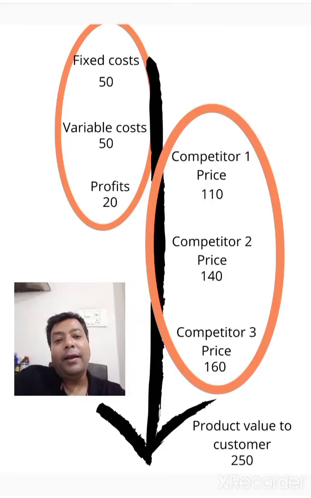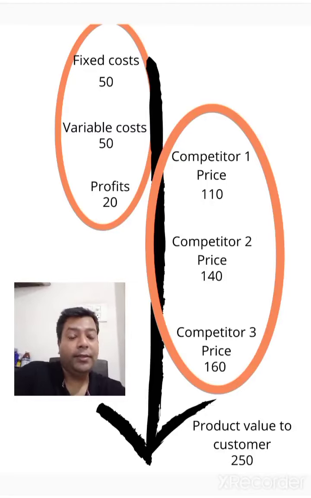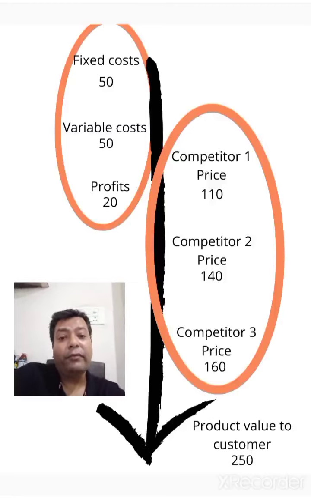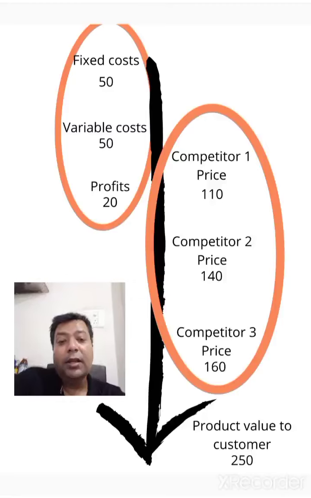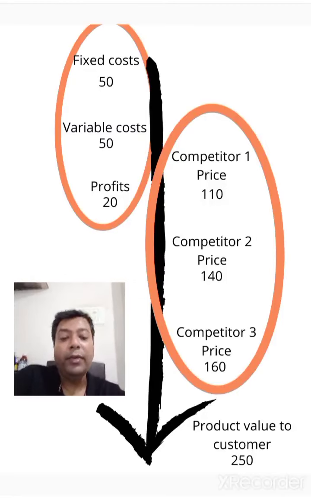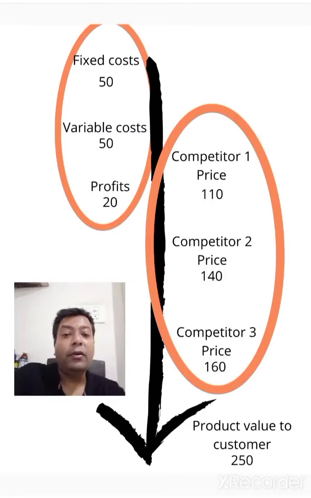Now let's say that there are 3 other competitors in the market who are also selling cakes, and let's say the price of competitor 1 is $110, the price of competitor 2 is $140, and the price of competitor 3 is $160. So these are prices of your competitor products.